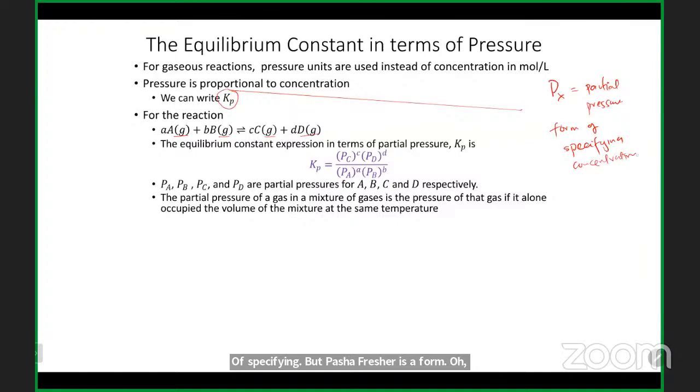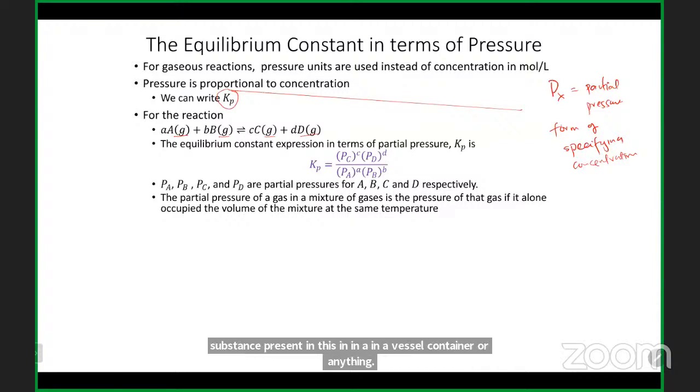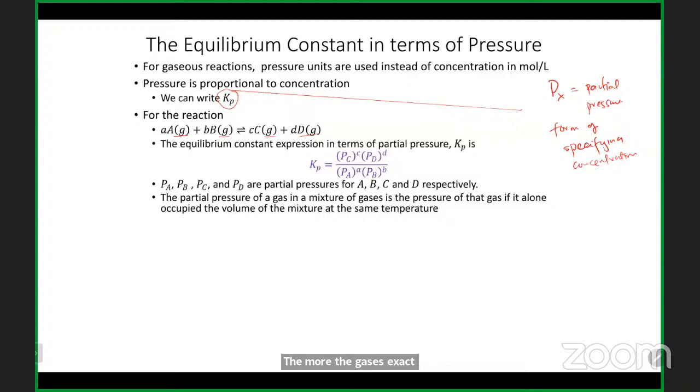Concentration talks about the amount of substance present in a vessel or container. Gases exert pressure, so we talk about the concentration of gases in terms of pressure. If you have more than one type of gas in a reaction vessel, you talk about their partial pressure. That is the pressure that species exerts as if nothing else is there.